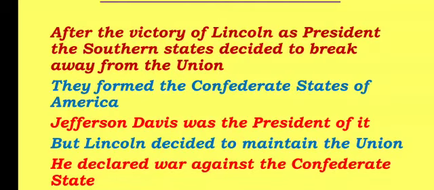So on 12th April 1861, he declared war against the Confederate States in order to preserve the union in America. So these were all the reasons for the beginning of the American Civil War.